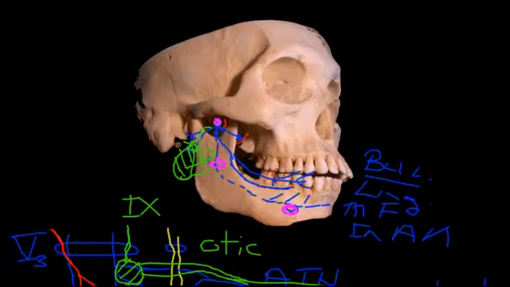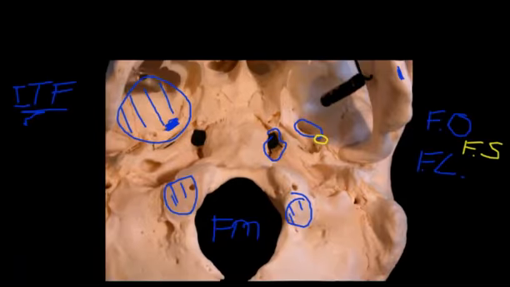And if we go back here, we can have a look at that. Here it is, foramen ovale. So that's where the mandibular division of trigeminal comes out from. And in fact, in this picture, the spring that's holding this mandible on is actually tied into the mandibular foramen.